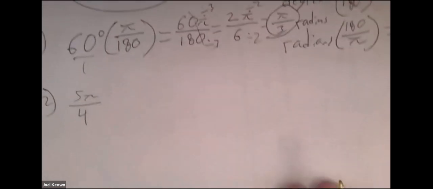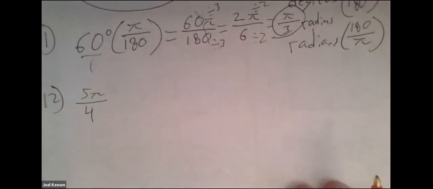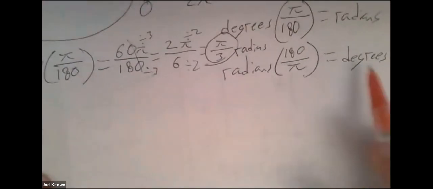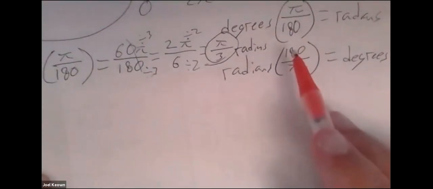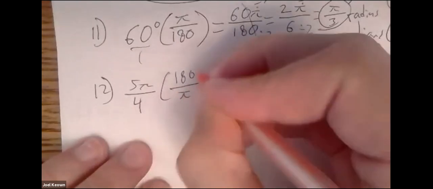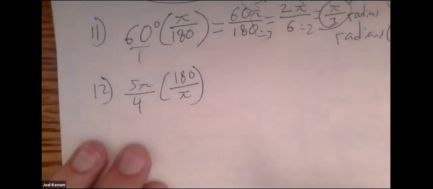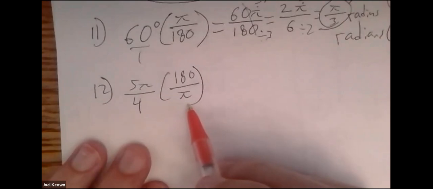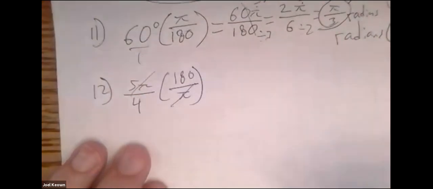Okay. Number 12. Here I have radians and want degrees. So if I have radians and want degrees, I multiply by the reciprocal, which is 180 over pi. So 180 over pi. Well, notice I have pi on top, pi on the bottom. The pi's cancel out.